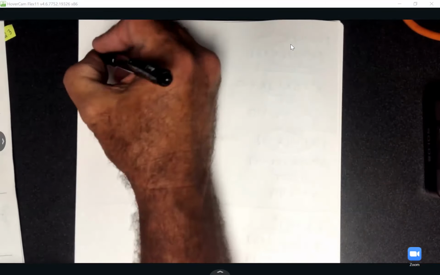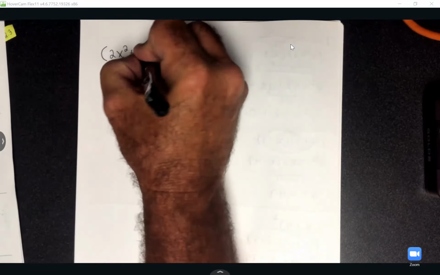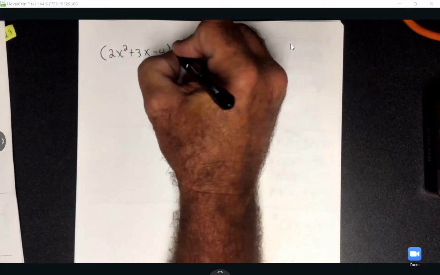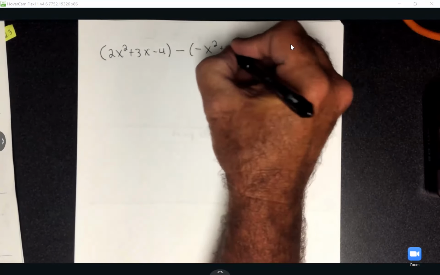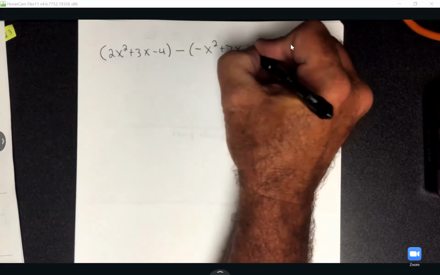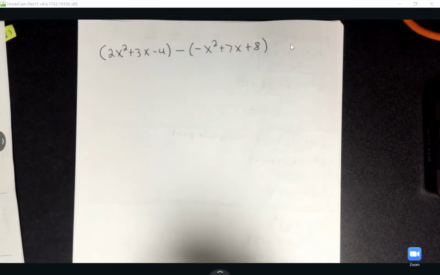So I'm going to hit y'all up with a little bit extra right here. All right, so I got 2x squared plus 3x minus 4 minus a negative x squared plus 7x plus 8. So this was a little bit of the 2.2 support to get you ready for this section.